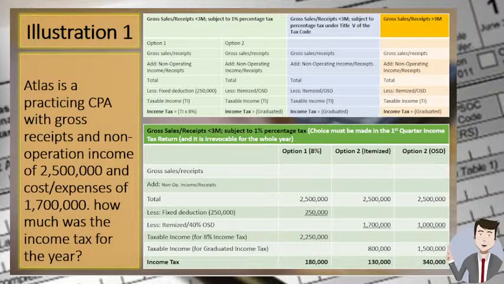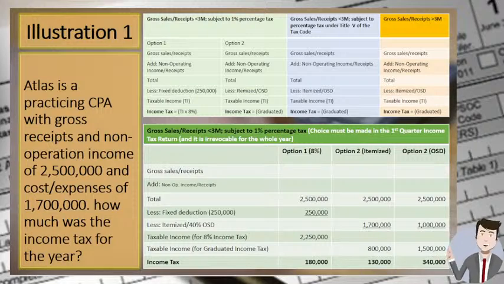Next, the other option for Mr. Atlas is to use the graduated income tax table, but for the deduction, he opts for the 40% OSD. So that is 2,500,000 multiplied by 40% OSD. The OSD is 1 million. 2,500,000 minus 1 million gives us 1,500,000.